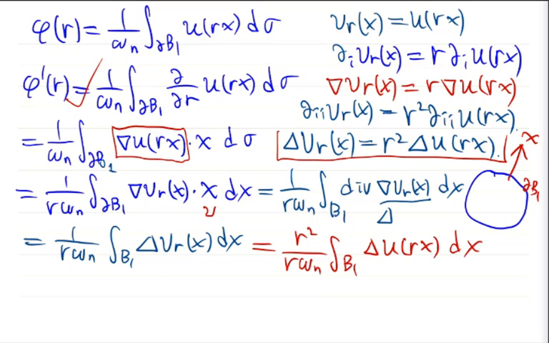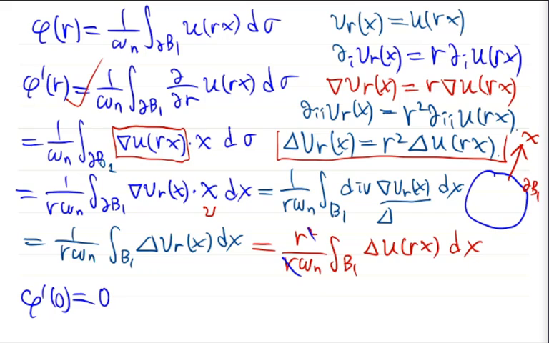From this we see that the r squared can cancel an r from the denominator. So we see that when r equals 0, phi prime 0 is 0, obviously.